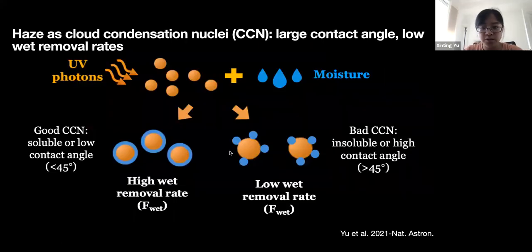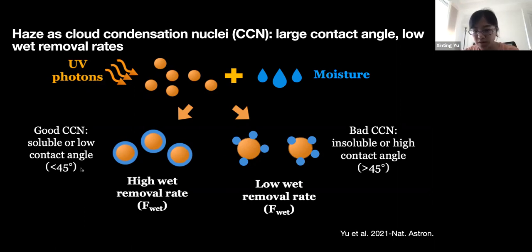This is because, when a haze is interacting with moisture, a good CCN, so now we're introducing the concept of cloud condensation nuclei, a good cloud condensation nucleus is easy to be removed, okay? For a good CCN, it's generally either soluble or has a low contact angle with the condensates.